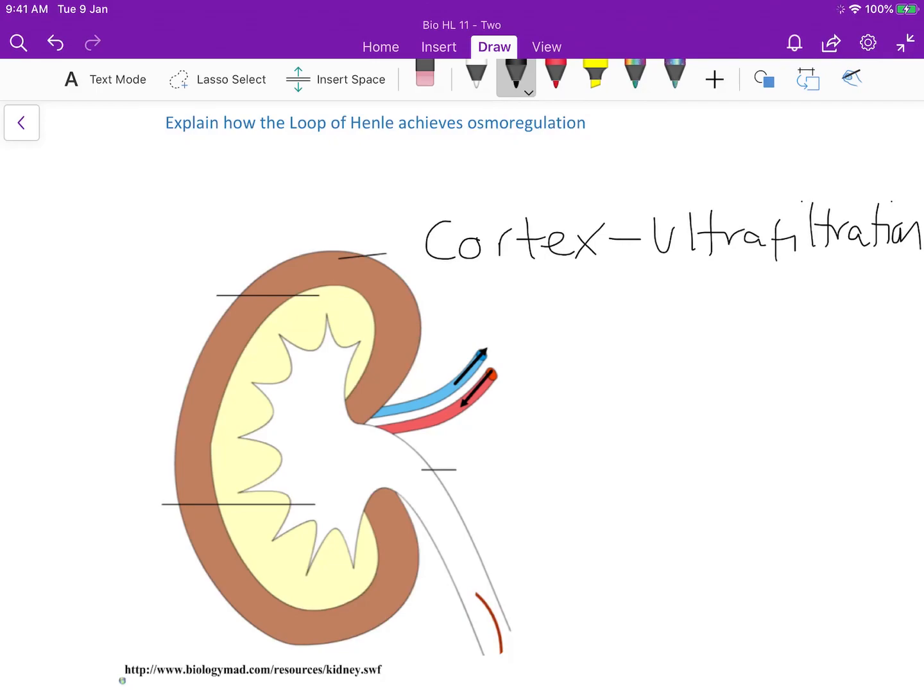And in that process we had blood filtered through the glomerulus. And we'd got a lot of things going through into that filtrate. And then the filtrate moved, still in the cortex.